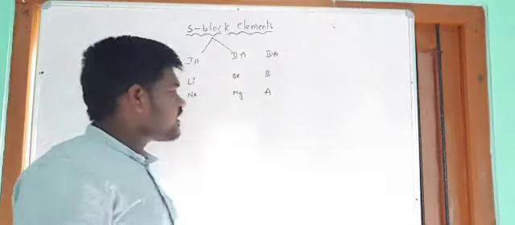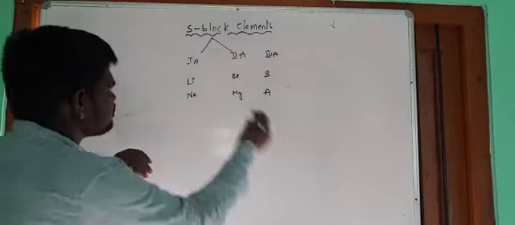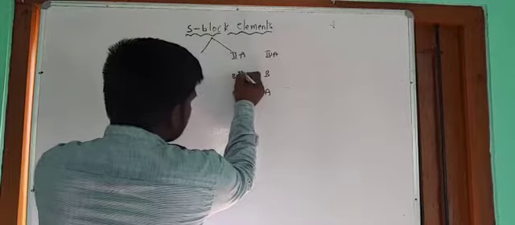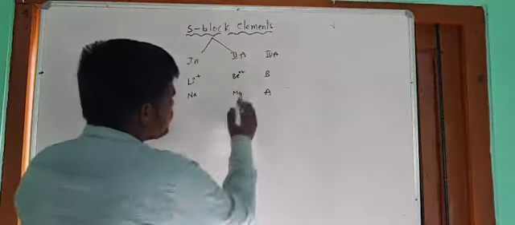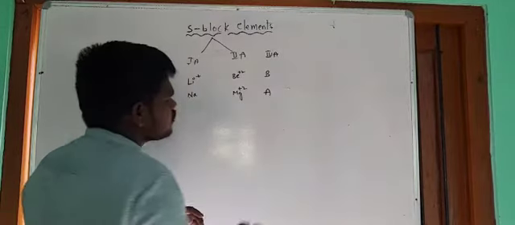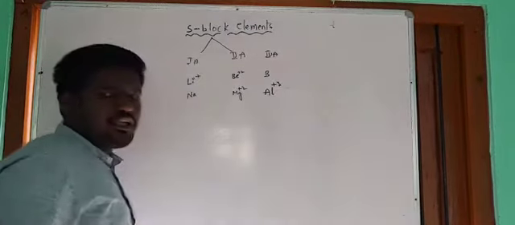Okay, so next guys, lithium ion Li+ and beryllium ion Be2+, and next one here Mg forms bivalent cation Mg2+ and aluminum forms trivalent cation Al3+.